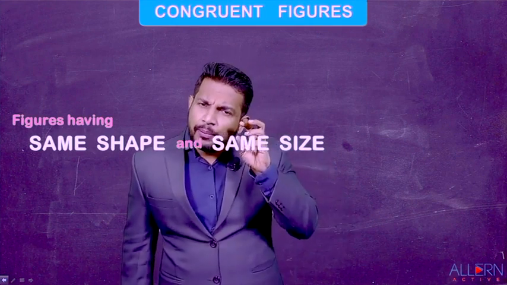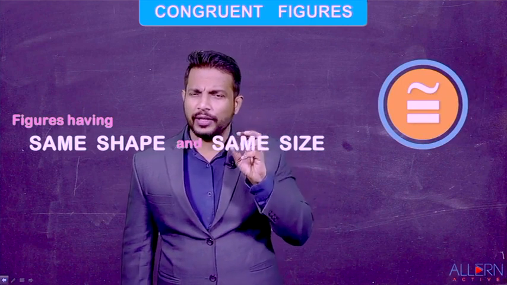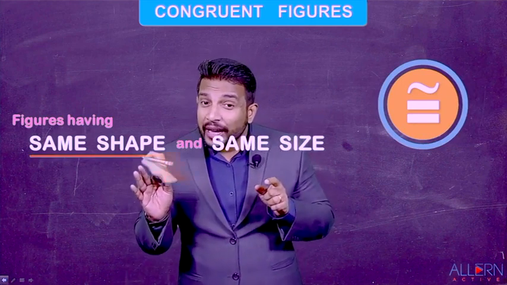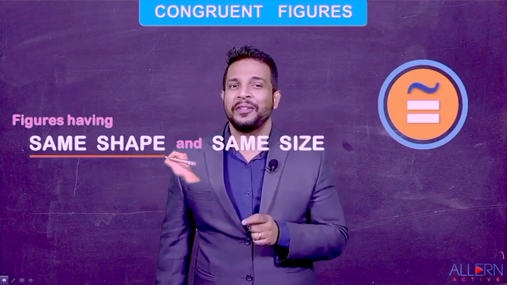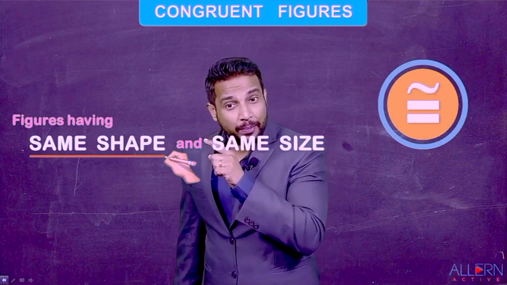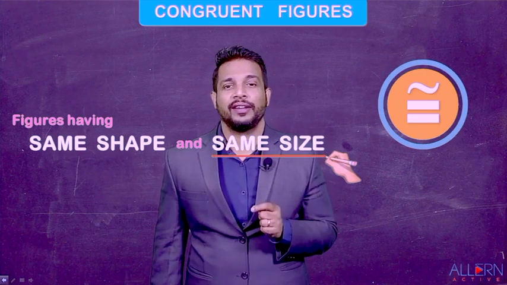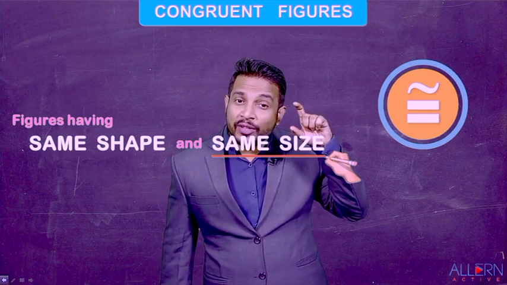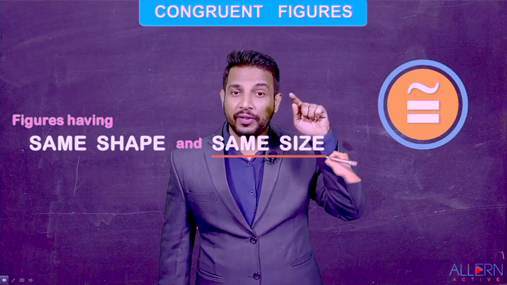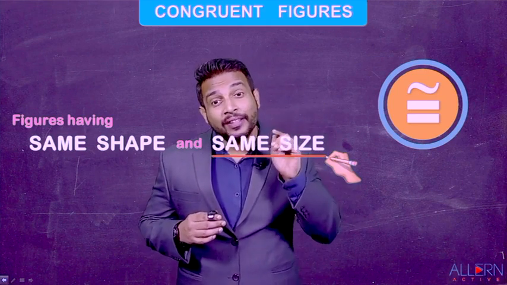Now, when we show the symbol of congruency, you know what? Understand this. Same shape is determined by the curve there. You see that? That curve determines the same shape. And same size is determined by the equality symbol there. That is why in congruency you have that equality and the curve above. That shows it is of the same shape and the same size.